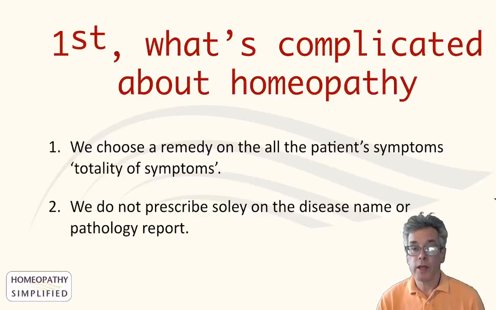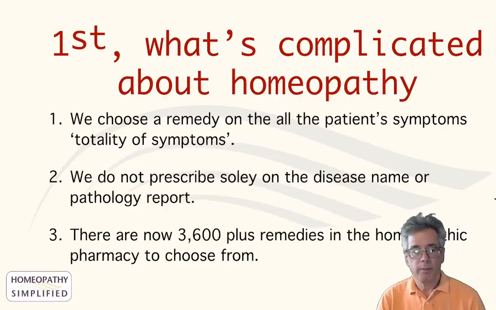Or if someone has Graves' disease or Addison's and other hormonal conditions, we would not give a remedy based on the disease. We would give a remedy by working through the whole symptomology of the patient, the symptoms that have arisen since becoming sick. That's what we use to find a remedy that has all of those symptoms. So again, it could take a lot of time.